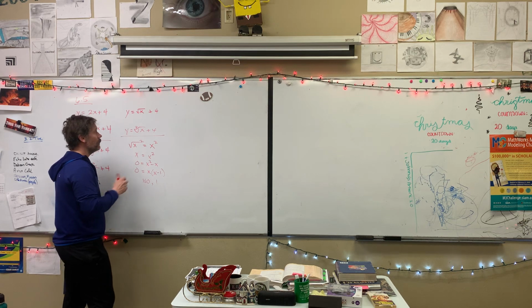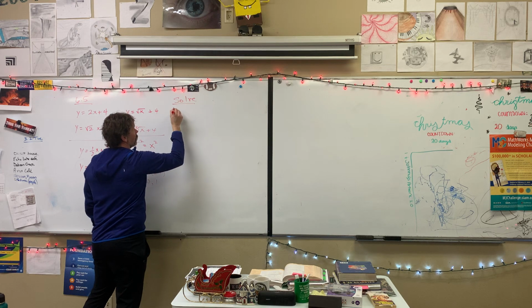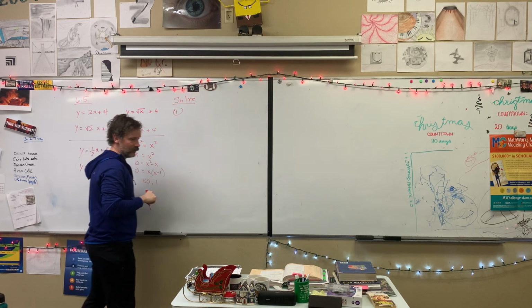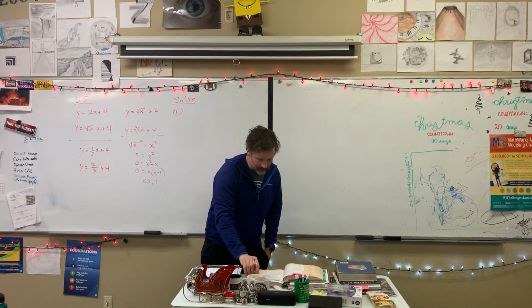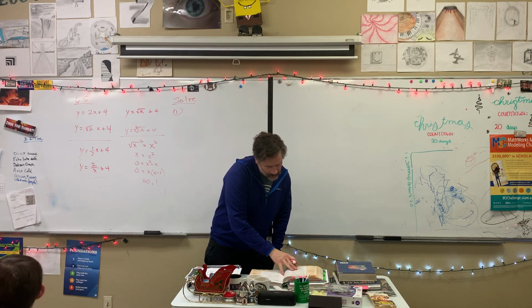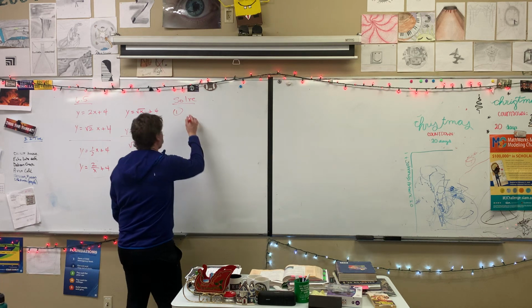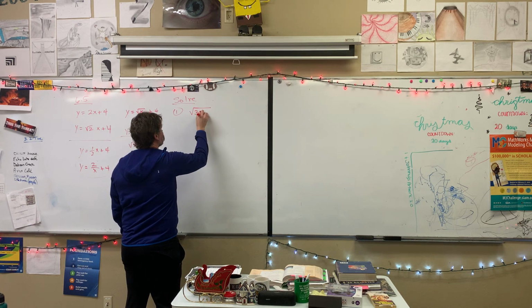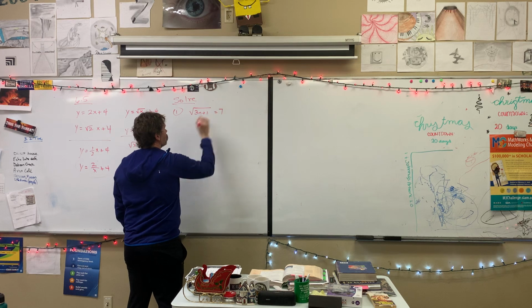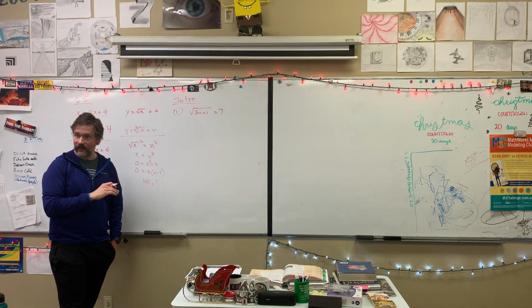So let's go ahead and solve some formal ones. If you have, let's start with this: square root of 3n plus 1 is equal to 7. You know it's a radical equation because the variable is underneath the radical.